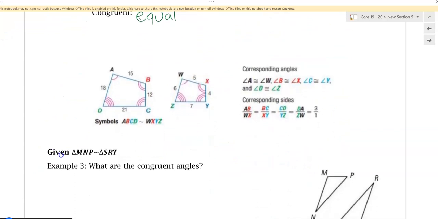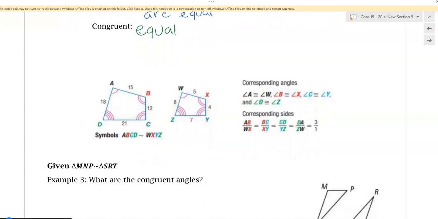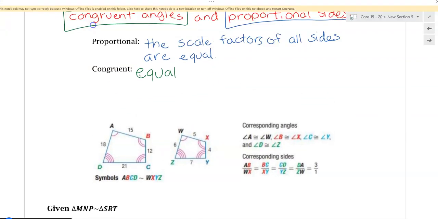All right. So this picture shows that. If you look here, my corresponding angles, my angles that go together, A and W, are in the same spot. That makes them corresponding. They are congruent. This is our symbol for congruent. Let me add that to this.